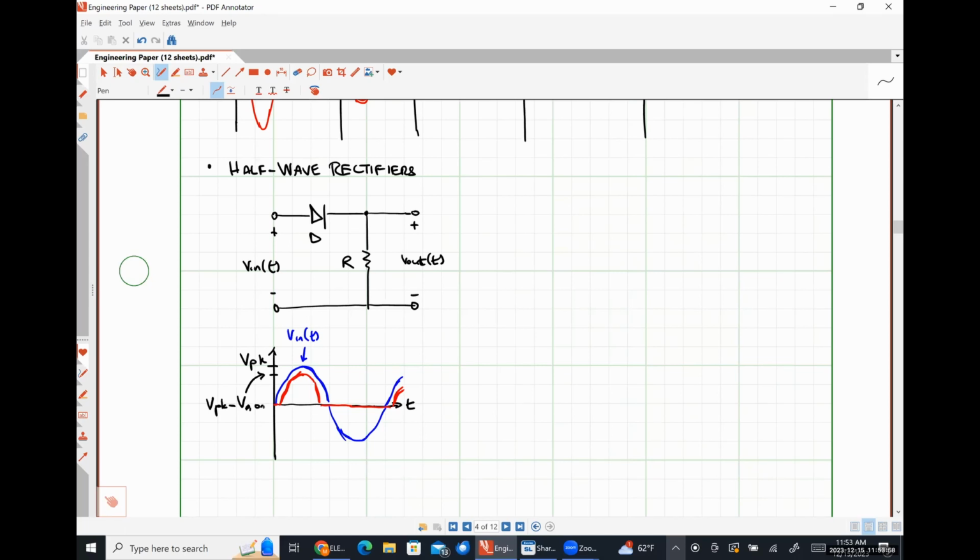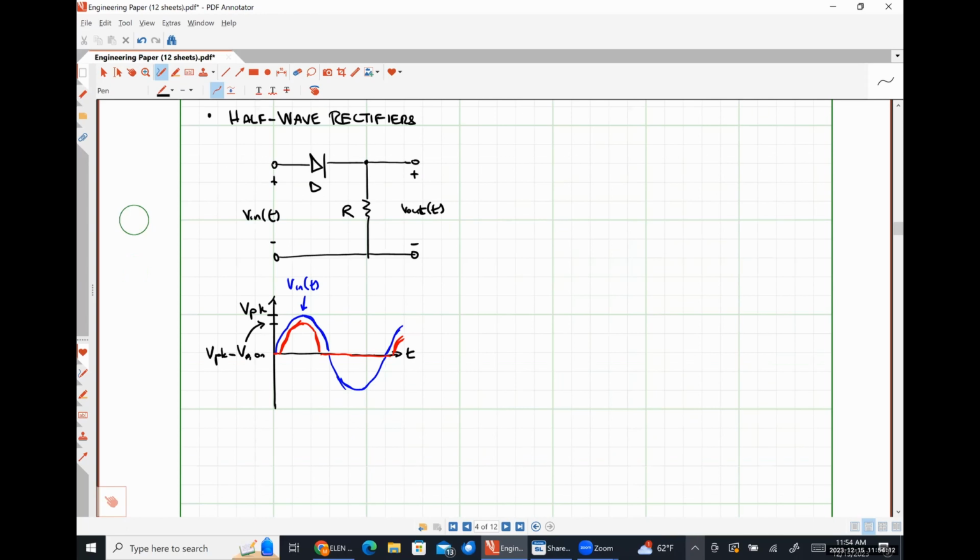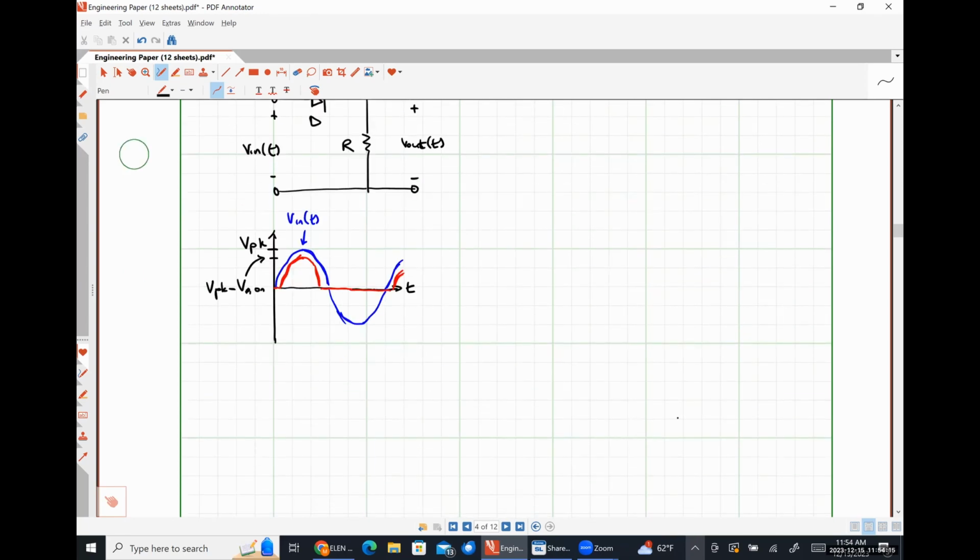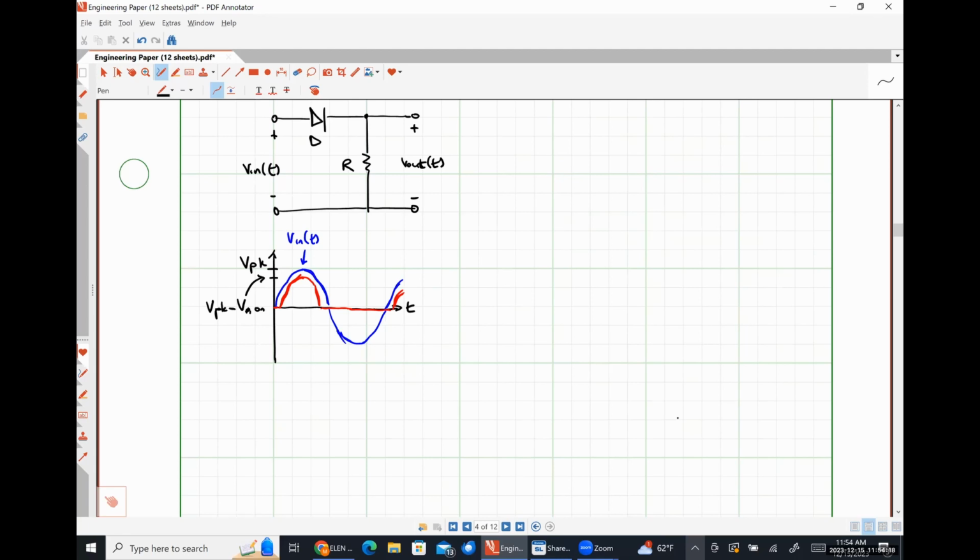So we're going to be using effectively the constant voltage drop model for these things to make our lives a little bit easier. If we were to plot our output voltage as a function of input voltage, it might look something like this. So here's V out on this axis. Here's V in on this axis.